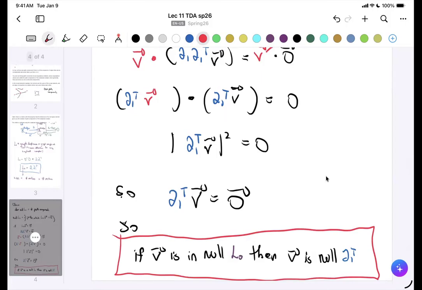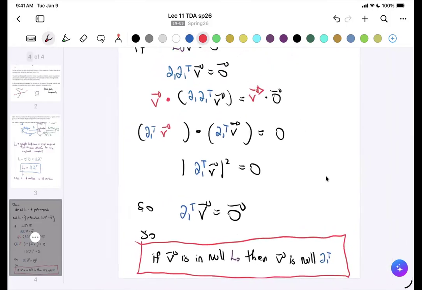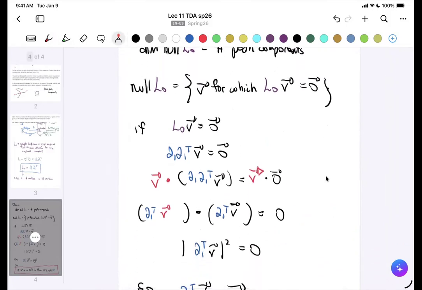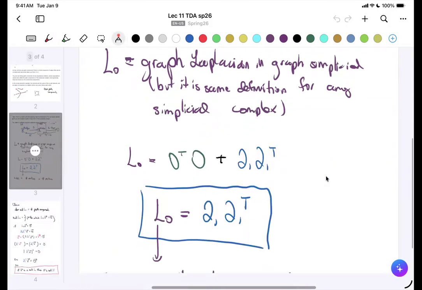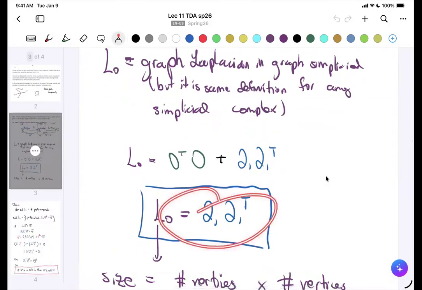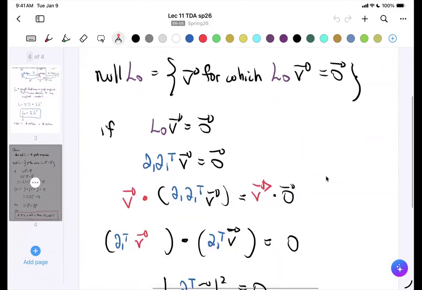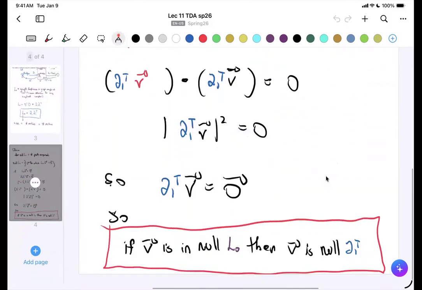The thing is that it is easier to understand the null space of the transpose of the one because that's just a single matrix. L0 was the product of two matrices, so that's harder to understand than the null space of a single matrix. Essentially, what I want to know is what is the null space of this matrix.